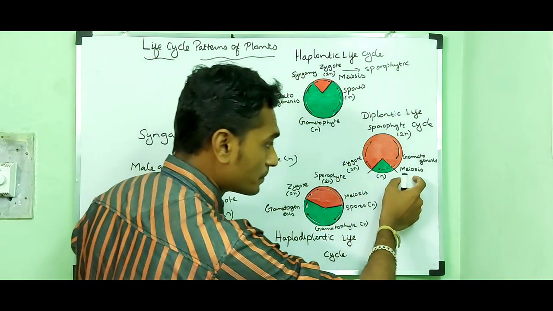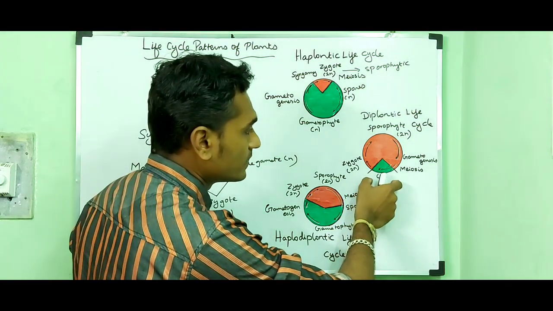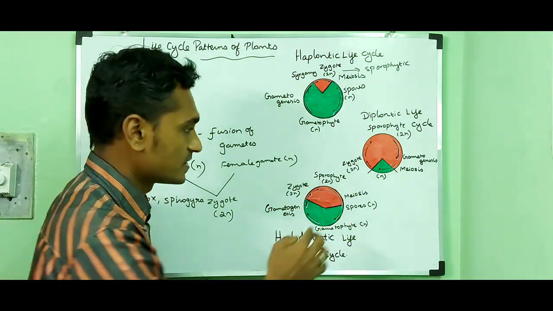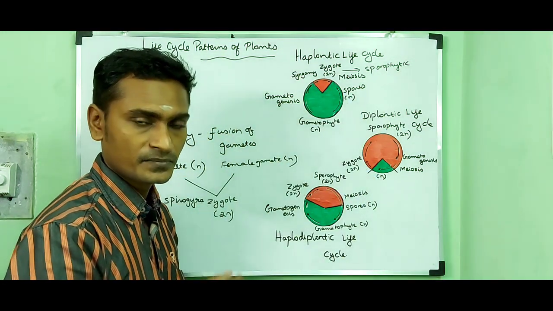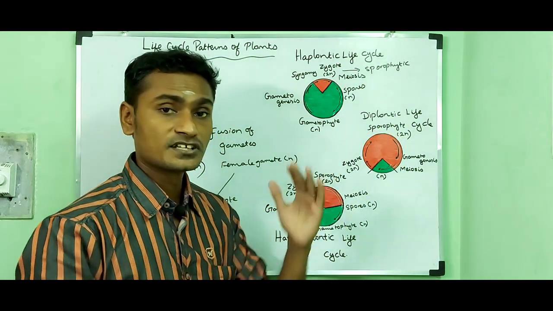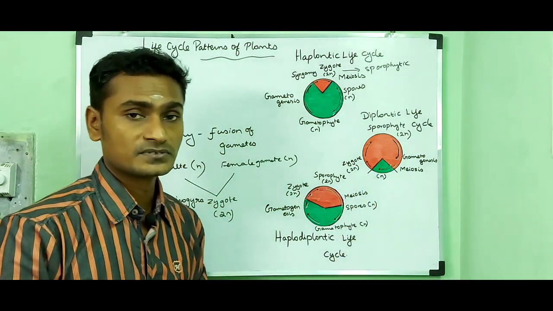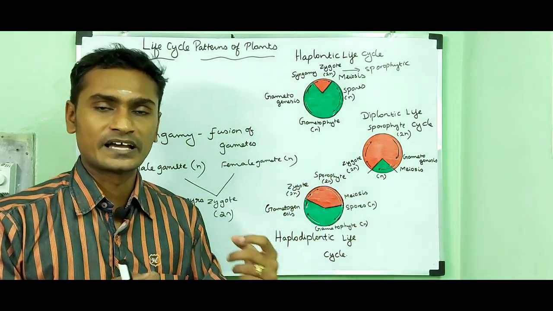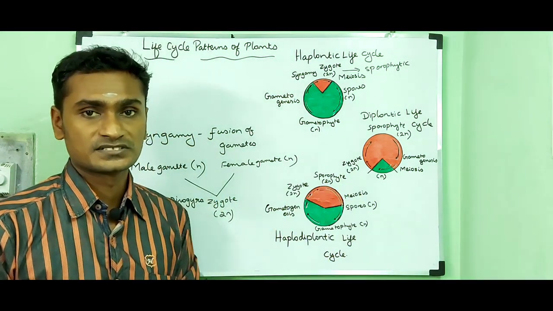They undergo meiosis, the reduction process, and are converted into haploid. Then fusion of gametes, syngamy, results in the formation of zygote, which represents the sporophytic life cycle. Here the gametophytic phase is represented by single to few cells of gametophytes.